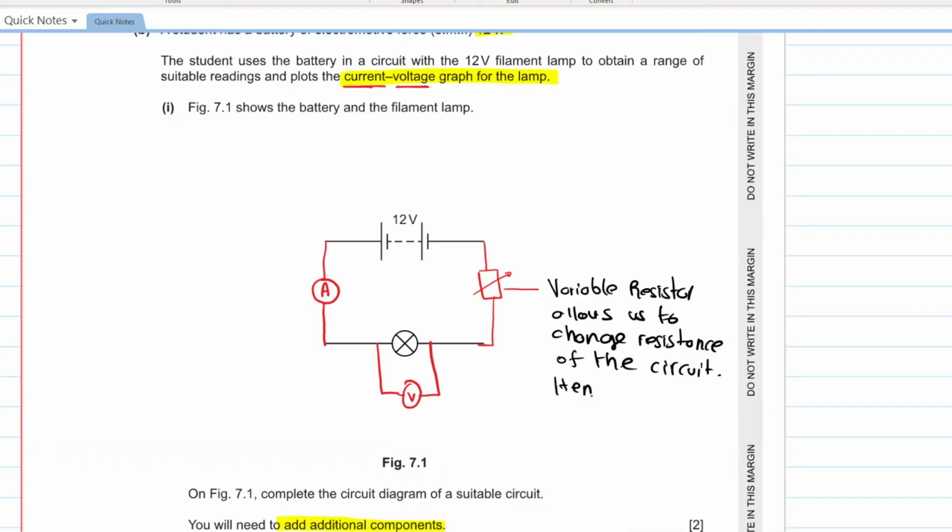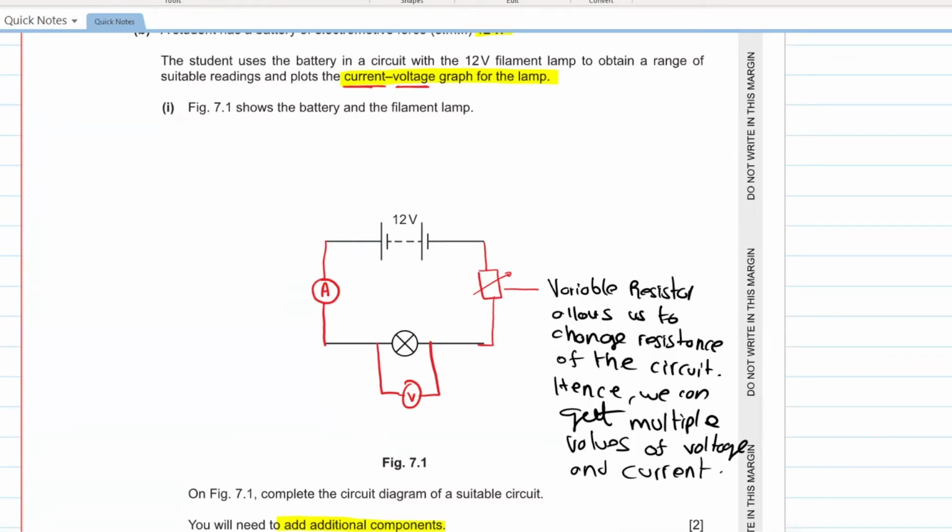Hence, we can get multiple values of voltage and current. Simple as that, nothing complicated. You have attached a variable resistor, you have attached a voltmeter, you have attached an ammeter, you are good to go to the next question.